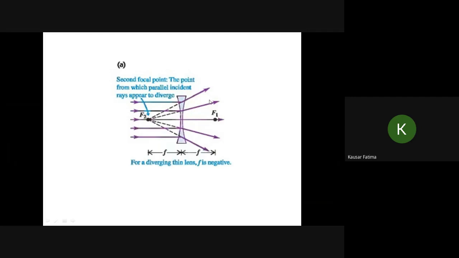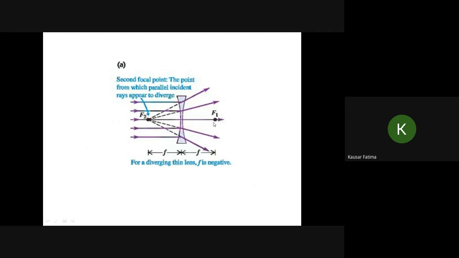The ray striking the center goes straight, and the other rays diverge in different directions. When we produce these lines backward, they appear to be originating from f2. Actually they are not coming from this point, they just appear to be coming. That is why it is a virtual principal focus, one on this side and the other on this side.